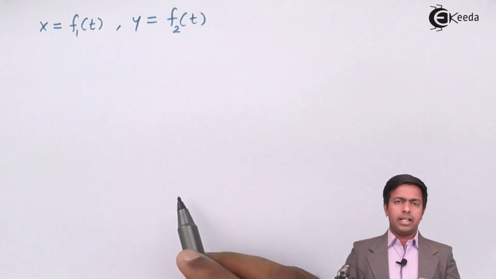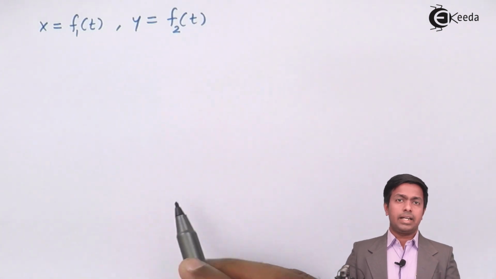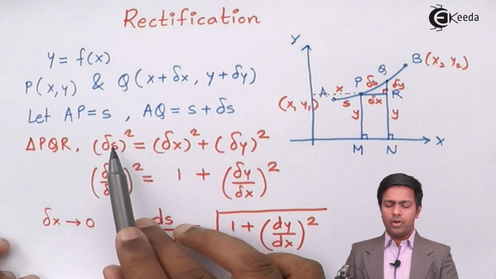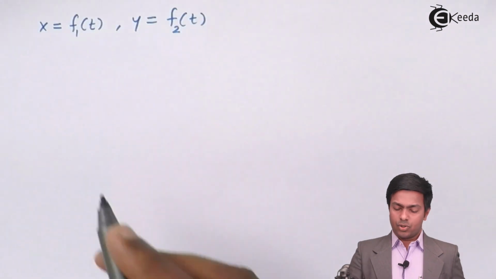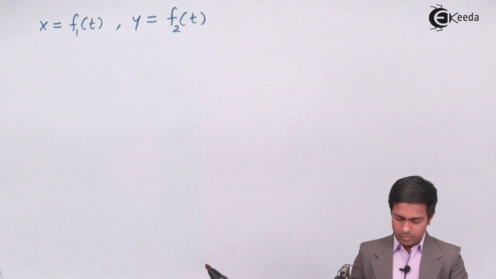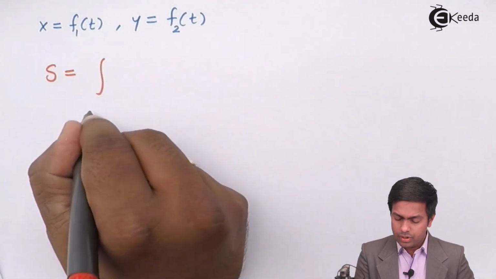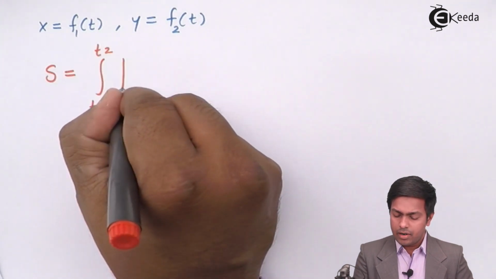It's simple. In the given equation, we'll divide both sides by del t. So we'll get a formula as S is equal to integration from t1 to t2 under root.